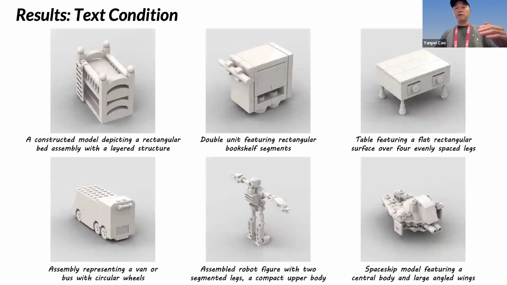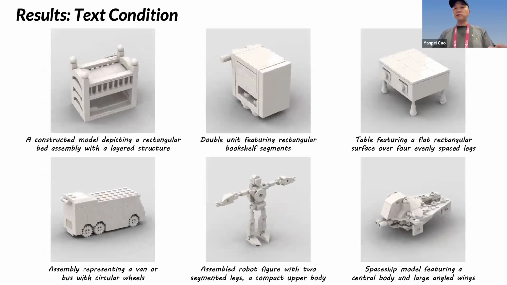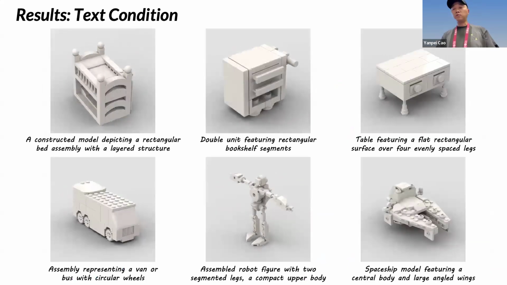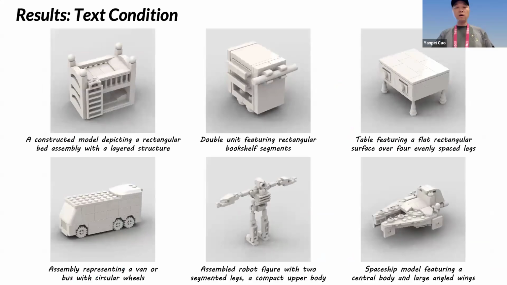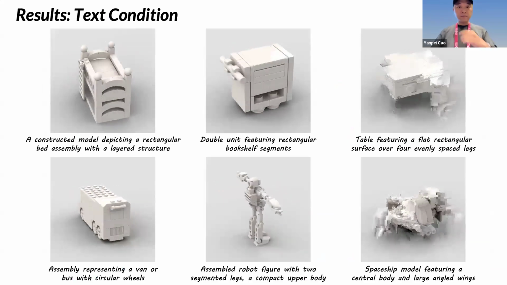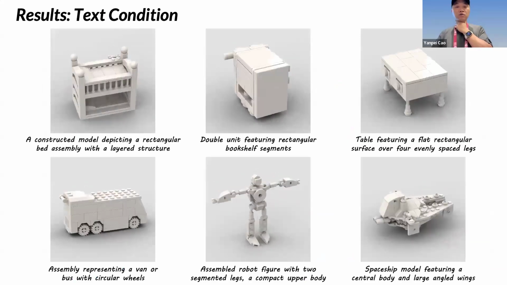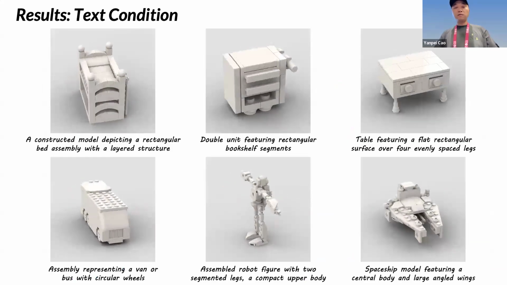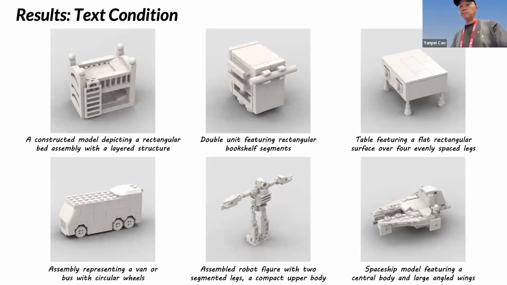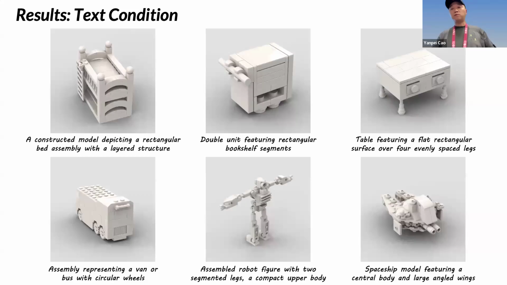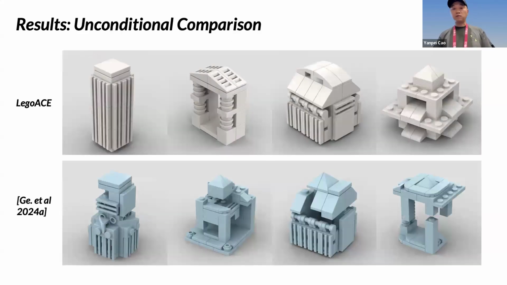It can also be conditioned on text. Here you can see it generates diverse assemblies from natural language descriptions, for example, a spaceship with large angled wings. And this demonstrates a deeper semantic understanding of the relationship between language and 3D structure.